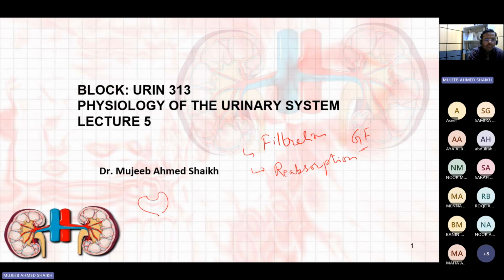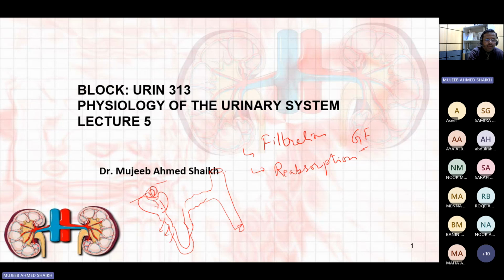This is a Bowman's capsule, and here we have the proximal convoluted tubule followed by the loop of Henle, then the thin segment and thick segment, and then the distal convoluted tubule and collecting duct. Those things which are essential for the body, like glucose, water, sodium, will be taken back because they are filtered through the glomerulus.